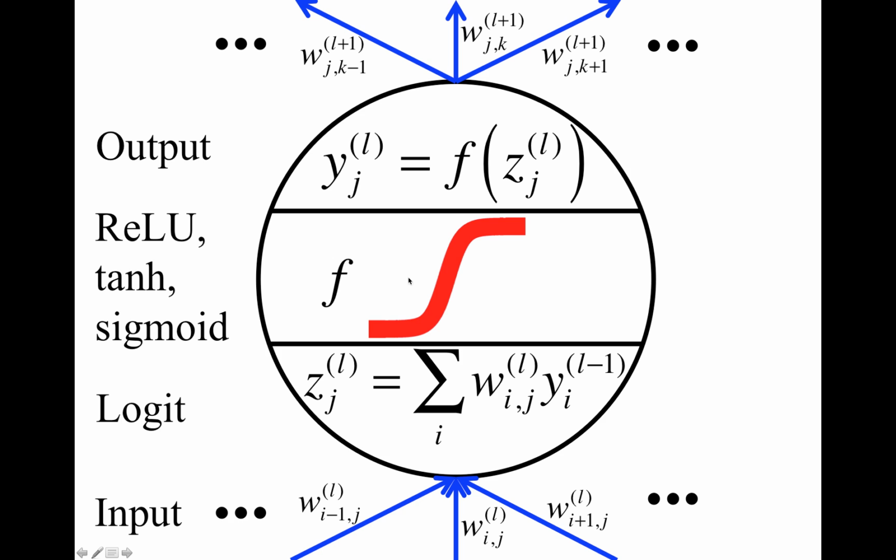There are multiple choices for this particular nonlinear function. The most popular choices are the so-called ReLU function, the hyperbolic tangent function, and the sigmoid function. Each one of them has different variations, and each choice has its own advantages and disadvantages.